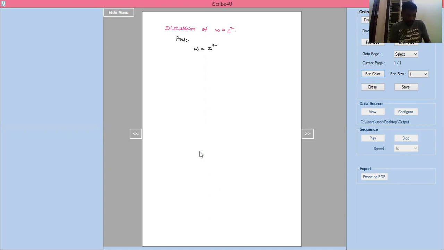In the place of W, I'll take U plus iV equal to, in the place of Z, I'll write (X plus iY) whole square. So U plus iV equal to X square plus 2 into X into iY plus (iY) whole square, which is X square plus 2i XY plus i square Y square.